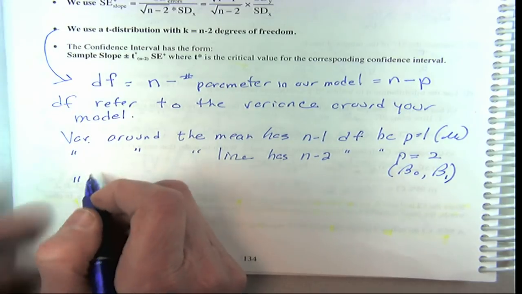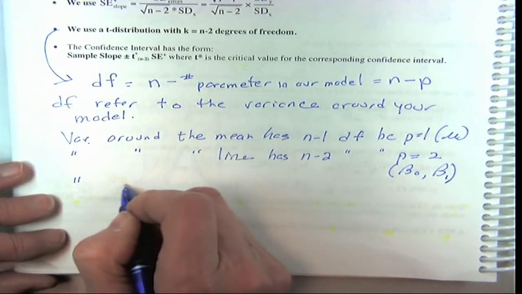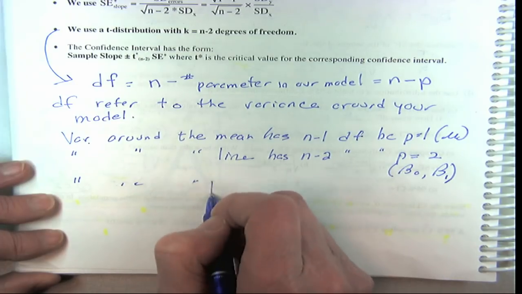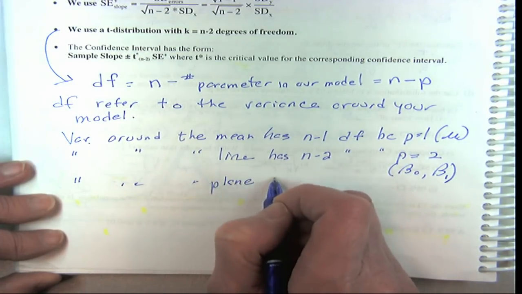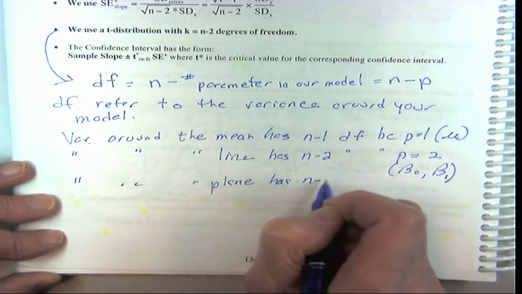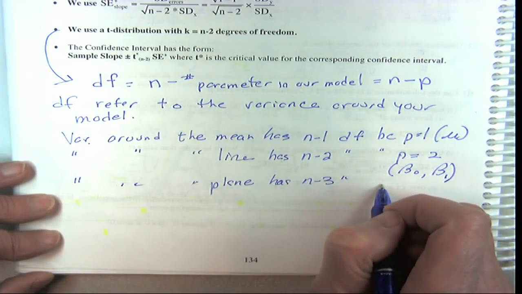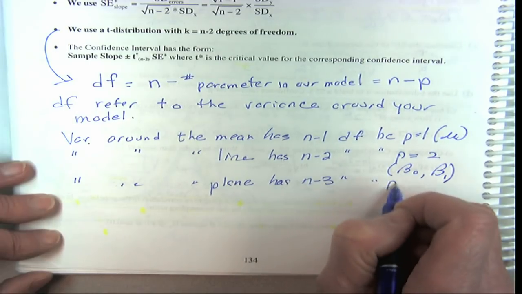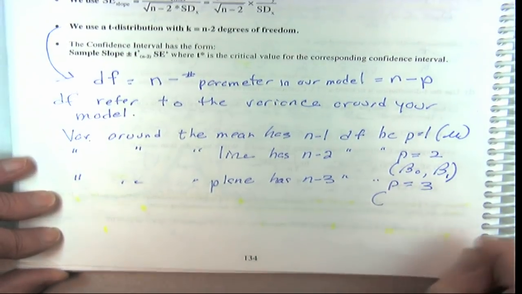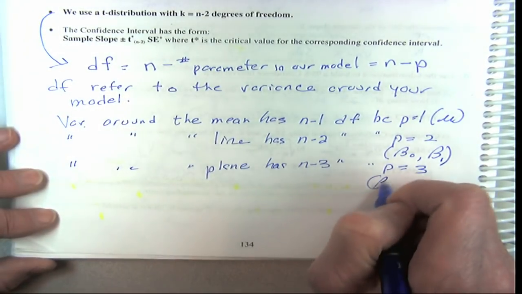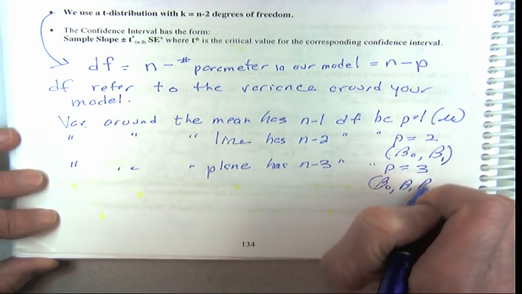What we're going to see pretty soon when we add another variable is the variance around the plane has n minus 3 degrees of freedom because the parameters are equal to 3. Three points determine a plane, right? So we're going to have a beta naught, a beta 1, and a beta 2.